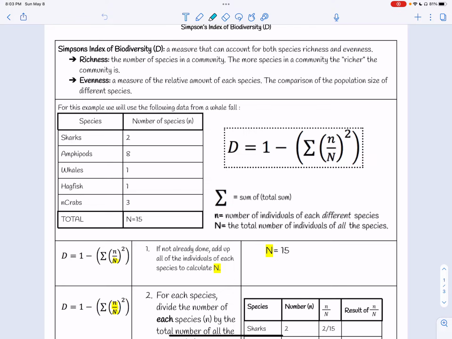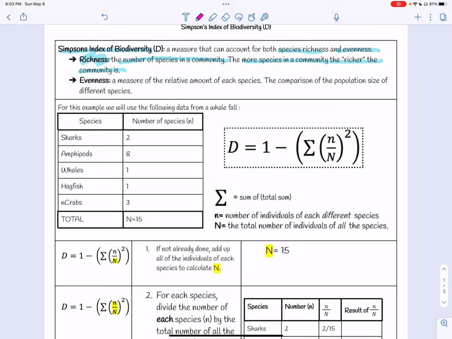And so this looks at two things: species richness and evenness. Species richness is the number of species in a community. That makes sense with its name. If a community is rich, then it has a lot of different species living in it. So the more species in a community, the richer the community is.